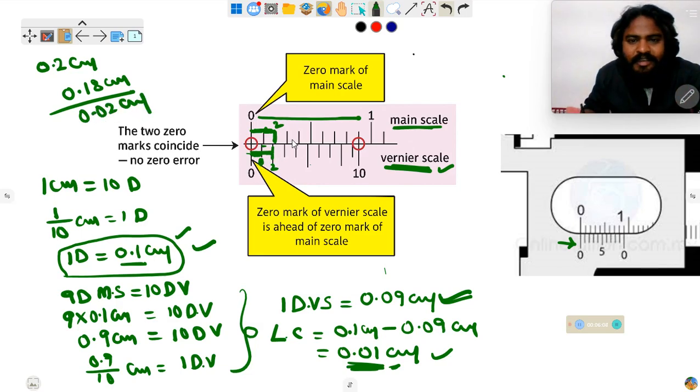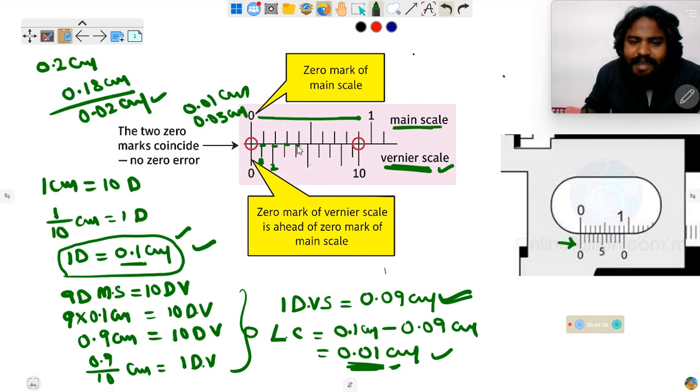That means if you observe carefully the gap, let me take here, right? The gap between these two lines is 0.02 centimeter, and the gap between these two lines is 0.01 centimeter. Likewise the gap between these two is nothing but, you can tell easily, 0.03 centimeter, right?